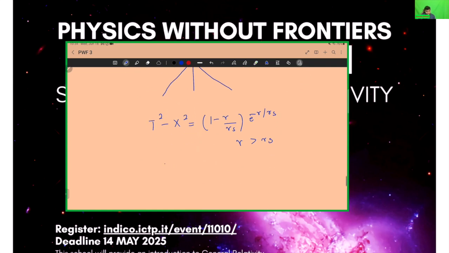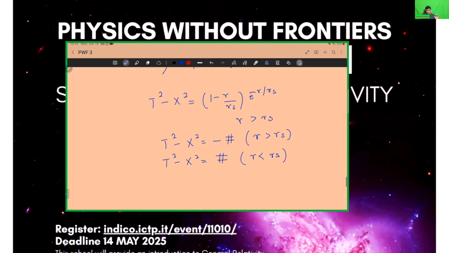So you get negative of something, or you get positive something. You get this thing when r is bigger than rs, and you get this thing if r is smaller than rs. Now, both of these are equations of hyperbolas.